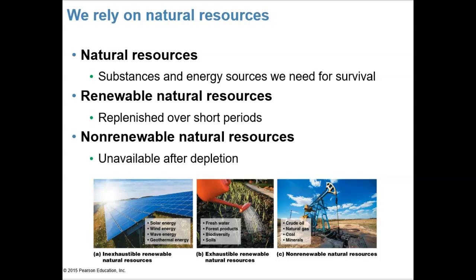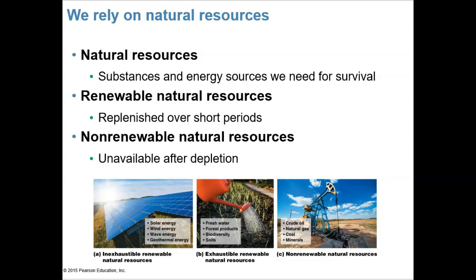And that's a big solar array in that photograph. The middle one tells you that these are things that can be exhausted. We can use them up: fresh water, forest products, biodiversity, and soils.